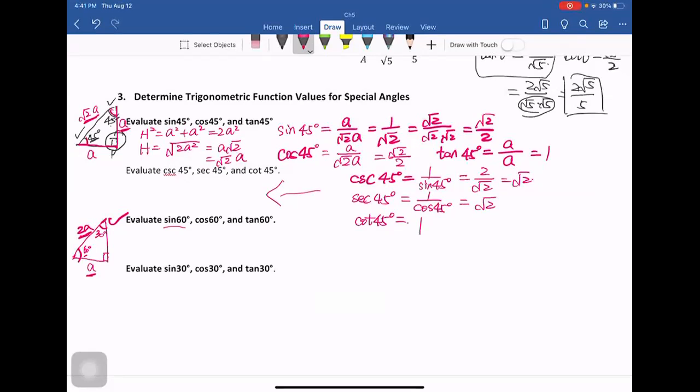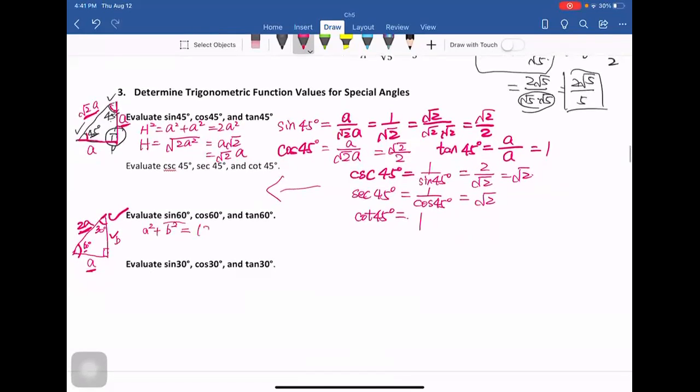By the Pythagorean theorem, we can find this leg. This leg, we use B. So A squared plus B squared equals C squared. C squared is 2A squared. And isolate the B. B squared equals 2A squared.